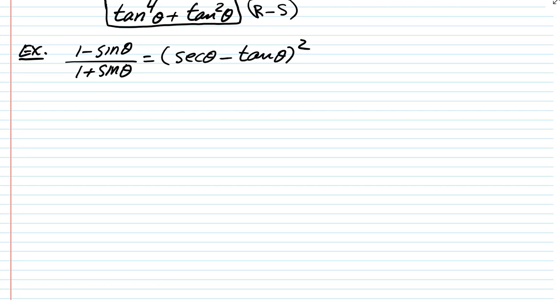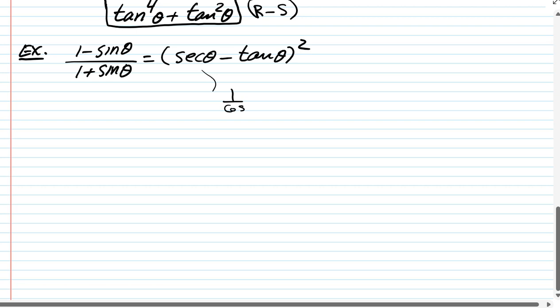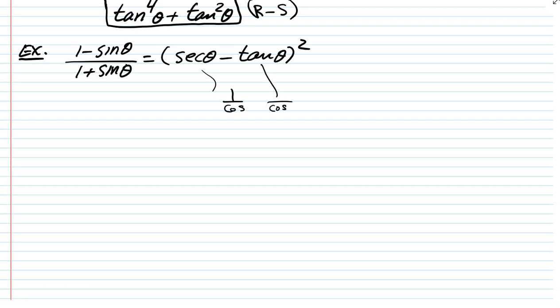Okay, let's establish this one, quote unquote. So I'm going to work on the left side. Now the right side is kind of a clue as to what they are thinking of here. Secant is 1 over cosine. Tangent is sine over cosine, and I don't have a cosine on the left side, do I?